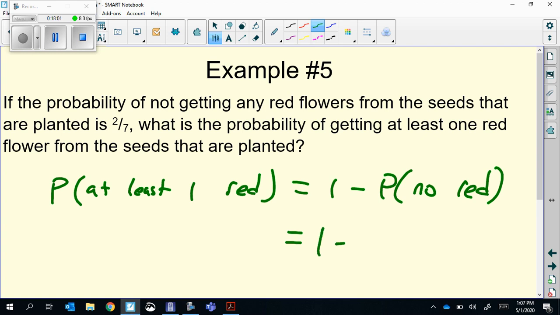The probability of not getting any red flowers is 2/7. 1 minus 2/7, or you could say 7/7 minus 2/7. That is 5/7.